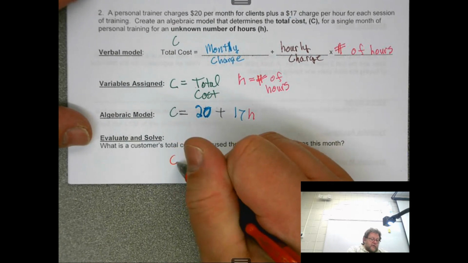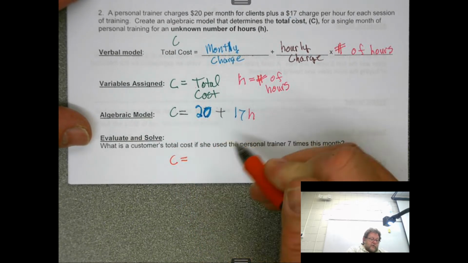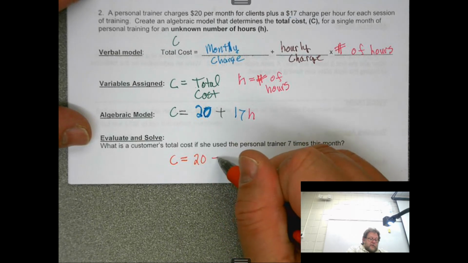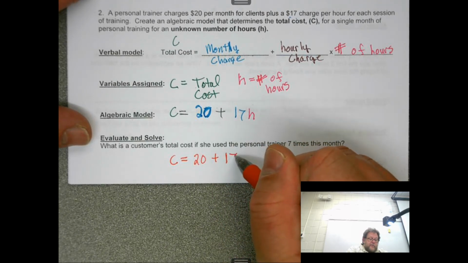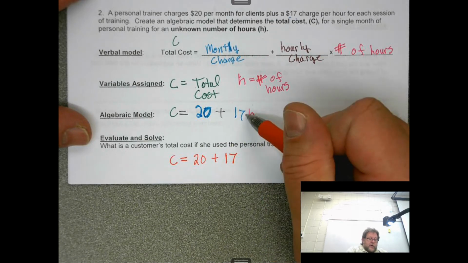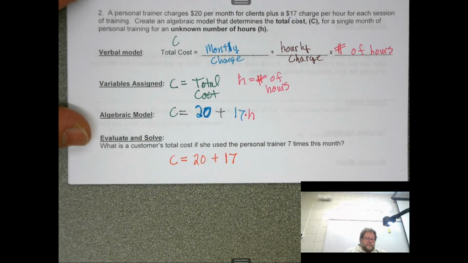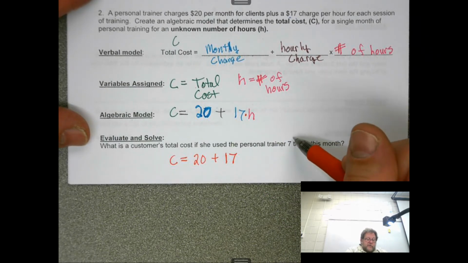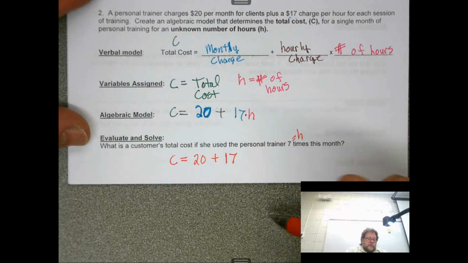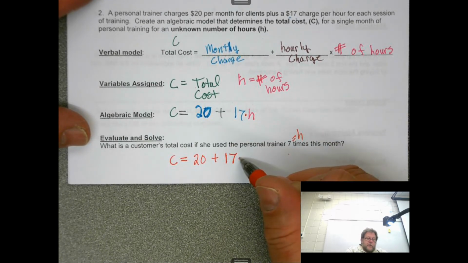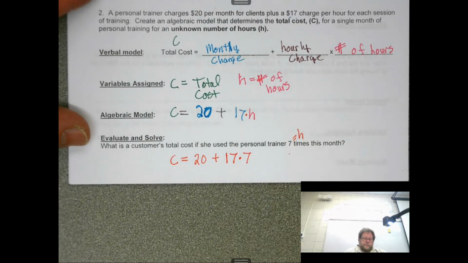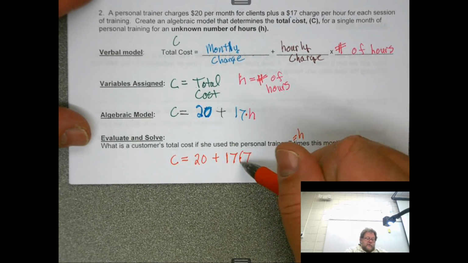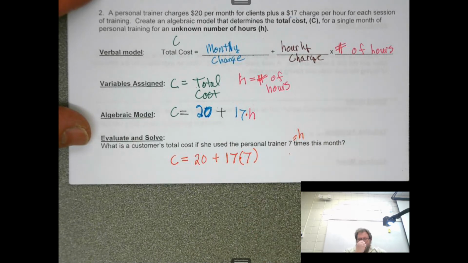I use dots, times H, which equals 7. Okay? Many students will put parentheses, or dot, doesn't matter. So 17 times 7, let's see, 49, 4, 7, 119. If we add those together, it's going to cost $139.